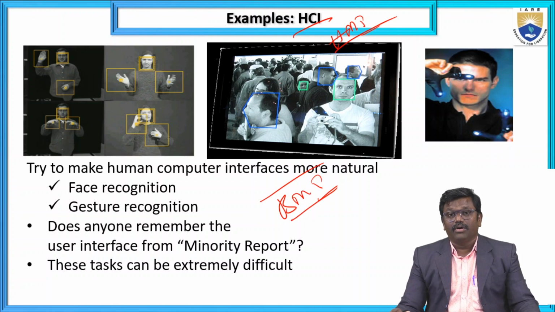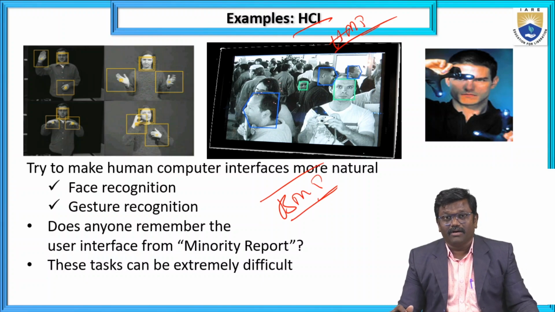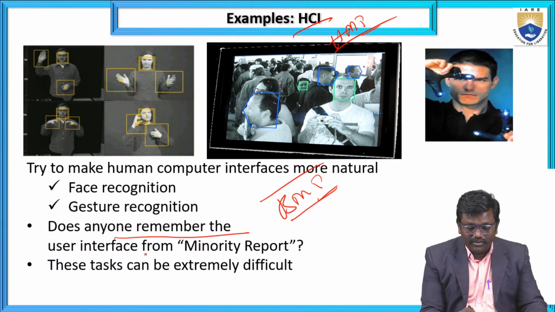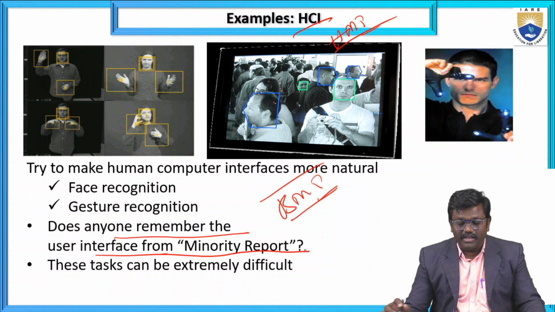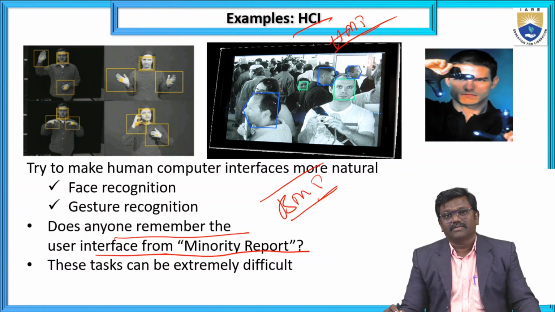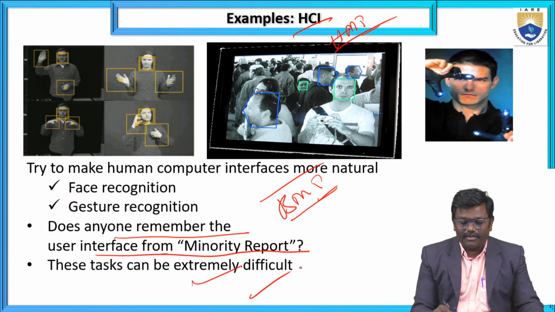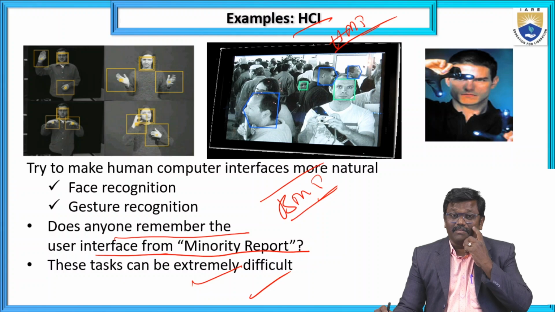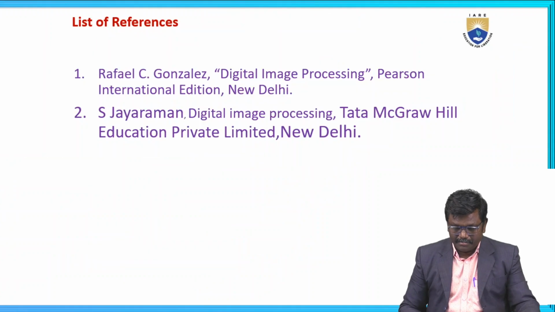That means you concentrate your complete task toward doing something. Does anyone remember the user interface from Minority Report? These tasks can be extremely difficult, but we can resolve them and run such applications by using image processing.